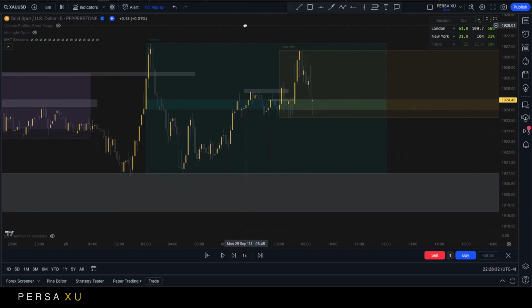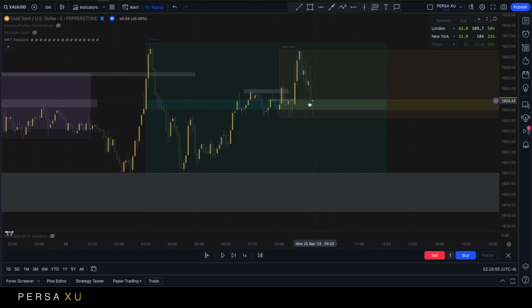So New York retests London's high, fails to actually break it or reach the maximum high, but it's fair to say it retested London's high, and it showed rejection to the downside.